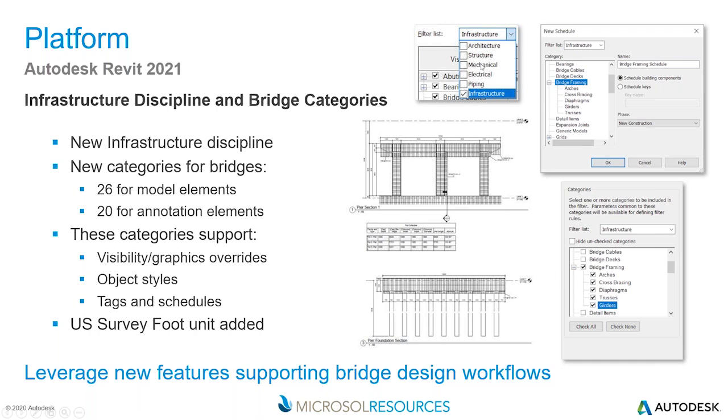So I go into visibility graphics, for instance, and I could filter what category of information I'm interested in seeing. As you can see, more content, more disciplines, more abilities to filter through the stuff that you are working on. So bottom line, it's more information, but yet better flexibility to visualize what category you're interested in.